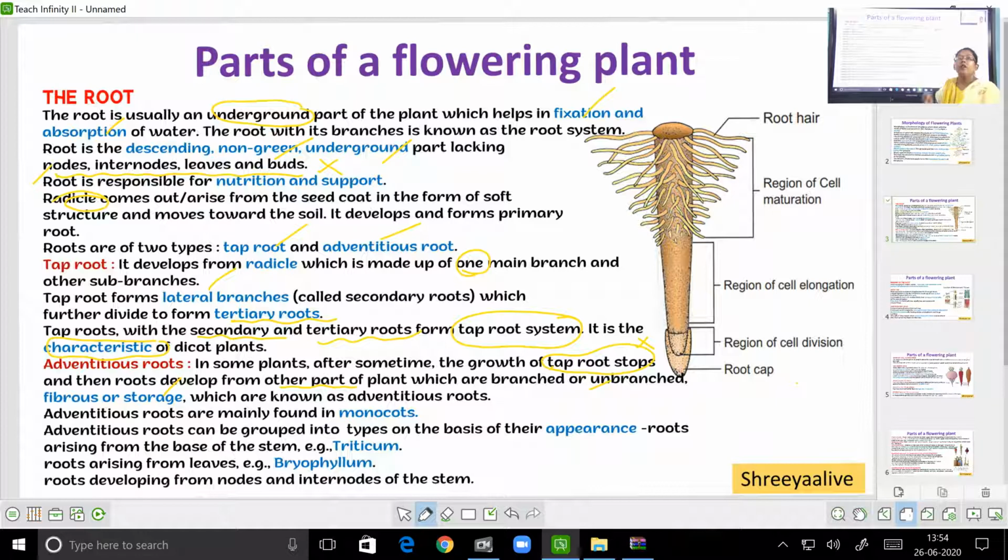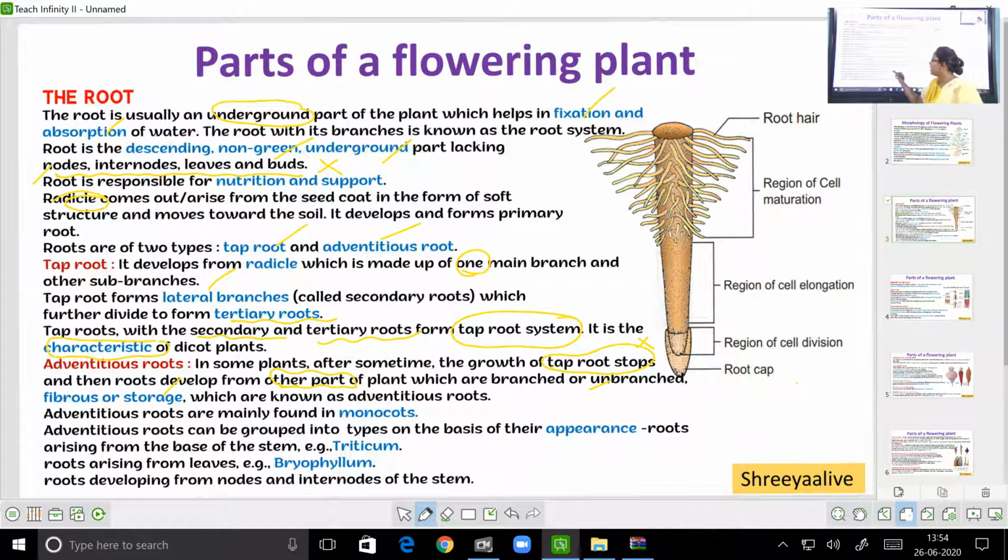I repeat once again, whenever the taproot stops growing, roots develop laterally from other parts of the plant, branched or unbranched, fibrous or storage in function. These are called adventitious roots.